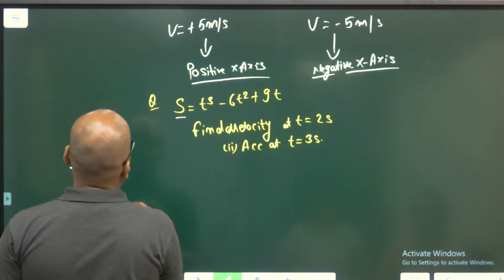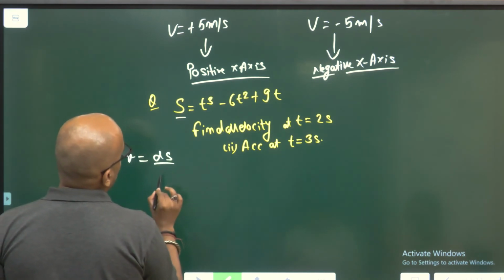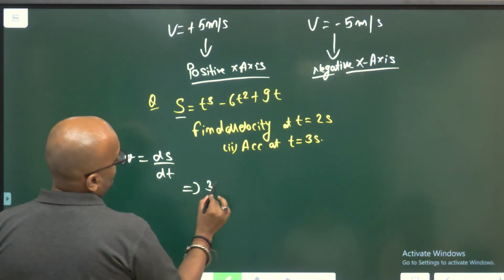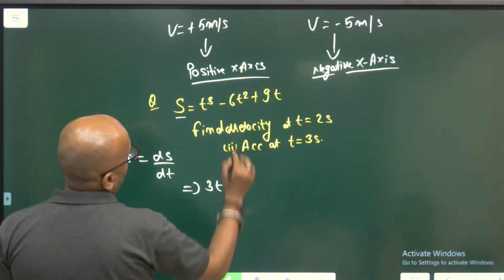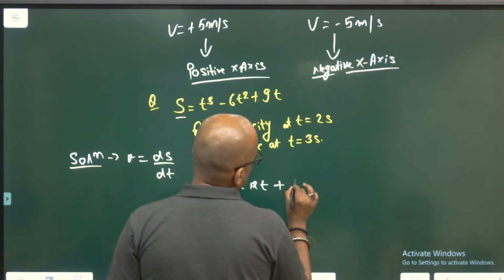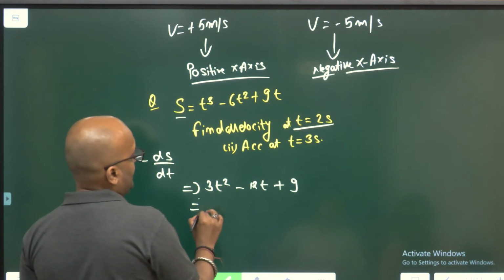See, for velocity we have to differentiate displacement with respect to time. Differentiate, it is 3t square minus 12t plus 9. Put t equals to 2 seconds.